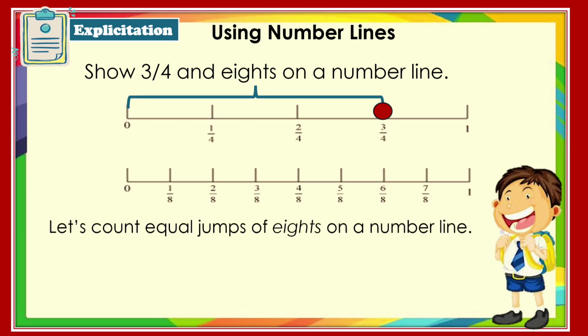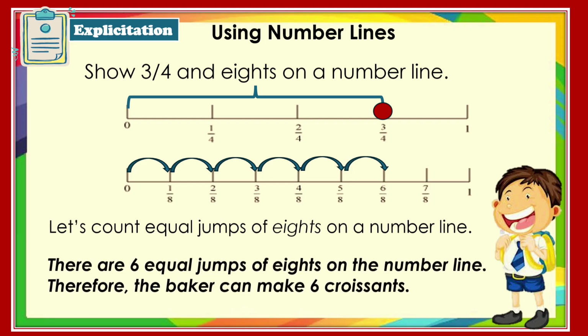Let us count the equal jumps of eighths on the number line. 1, 2, 3, 4, 5, 6. So there are 6 equal jumps of eighths on the number line. Therefore, the baker can make 6 croissants.